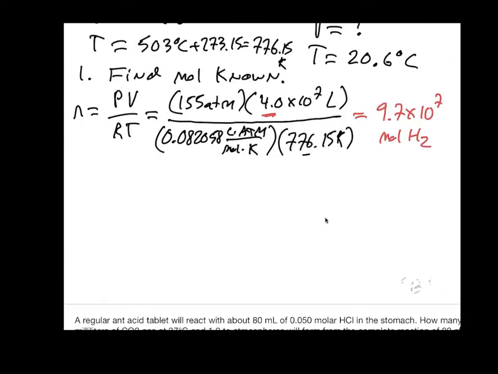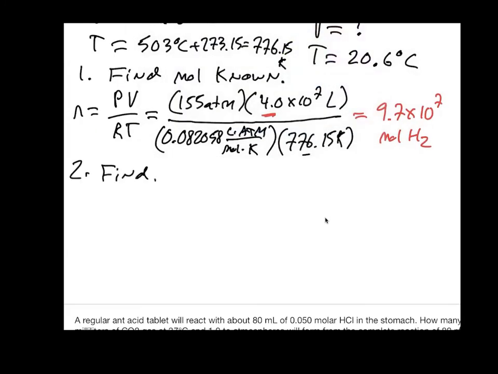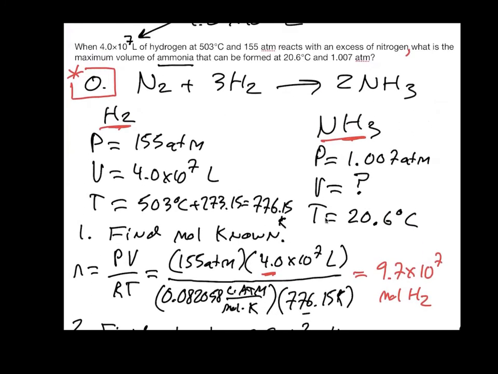Okay? So the next thing I want to do is find moles of the unknown. And so for that, I'm going to take the 9.7 times 10 to the 7 moles of hydrogen. And then the mole ratio is, let's go back to the balanced equation, 3 to 2, right?